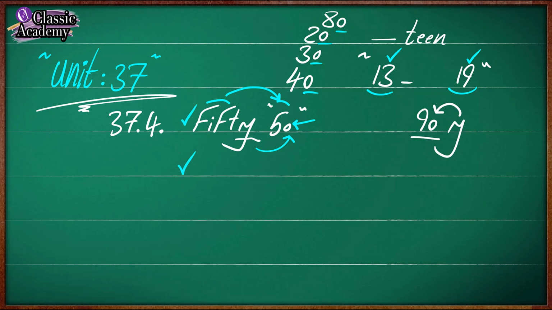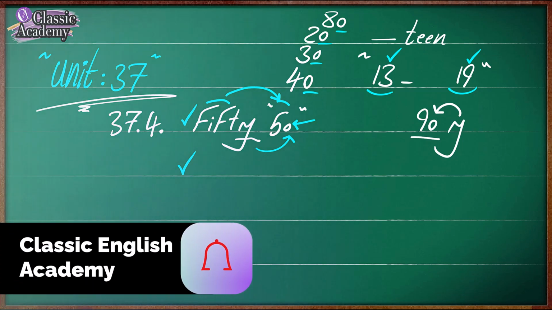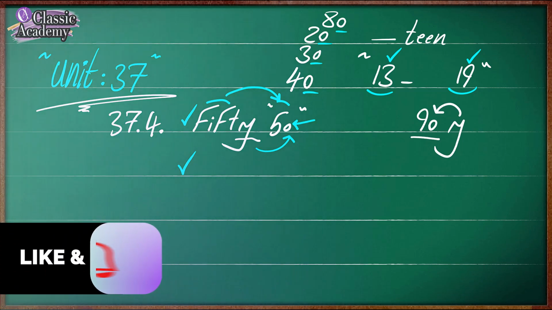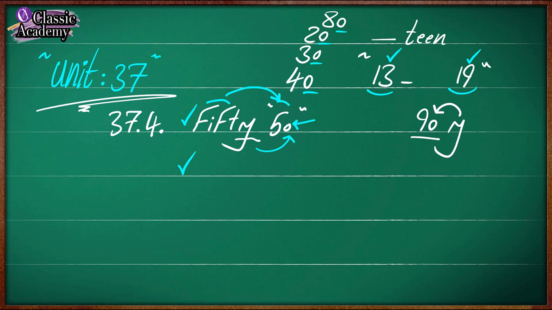I am just interested to introduce a lot of different kinds of these simple but very, very important pieces of information at the time that I am trying to teach something. Another thing, of course, important, like the exercises, unit 37.4. And I just took 50 out of the box.